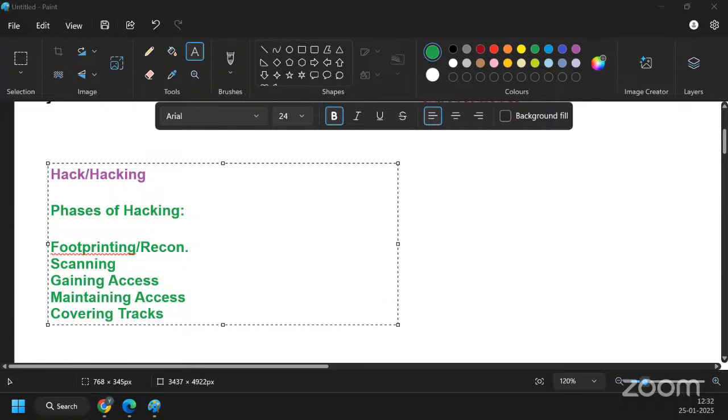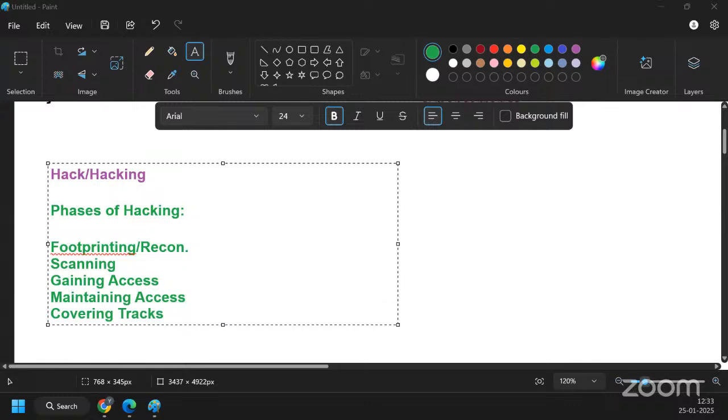Ports are like gateways through which a computer provides its services. For example, we have port number 80, 445, and 443. On those, we use services like HTTP, HTTPS, SMB, and many more. So these are the ports.